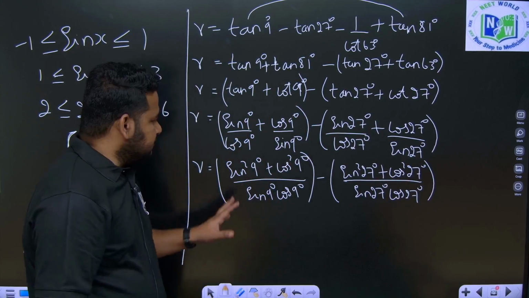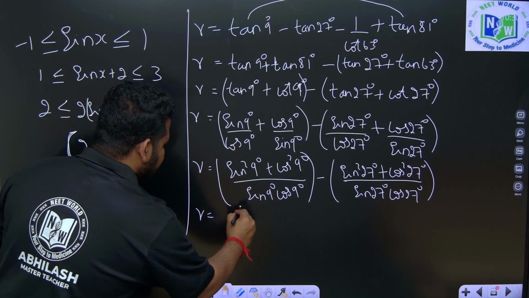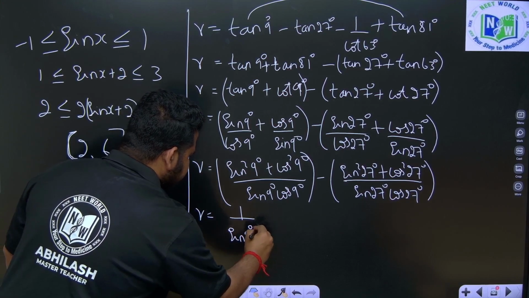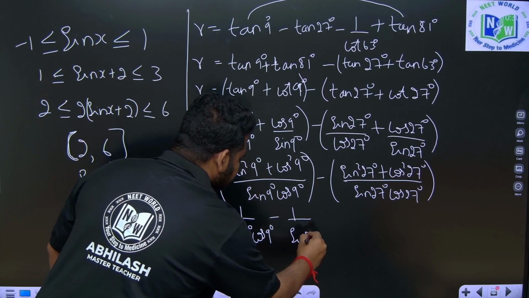We know sin square theta plus cos square theta is equal to 1. So I will get, friends, R is equal to 1 by sin 9 degree into cos 9 degree minus 1 by sin 27 degree into cos 27 degree.